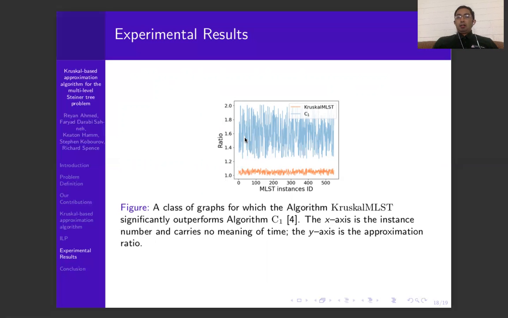On the other hand, the experimental approximation ratio for the other algorithm is significantly larger. And here the x-axis is the instance number and carries no meaning of time, and the y-axis is the experimental approximation ratio.